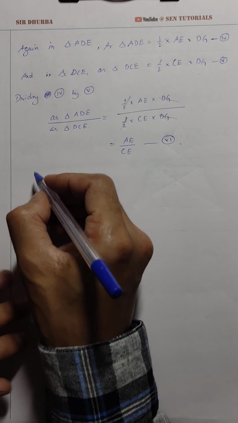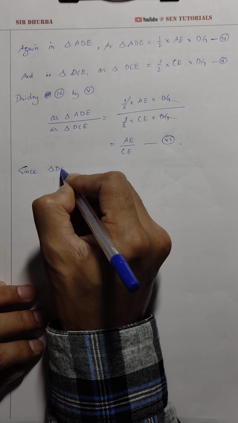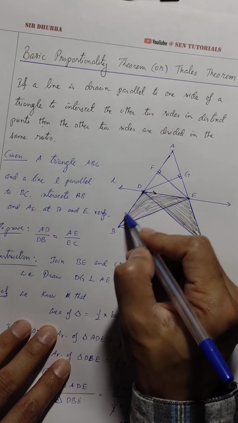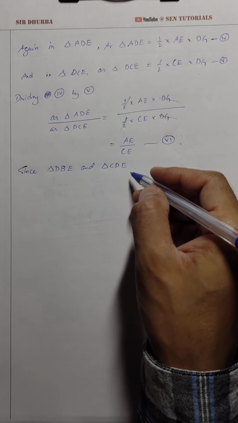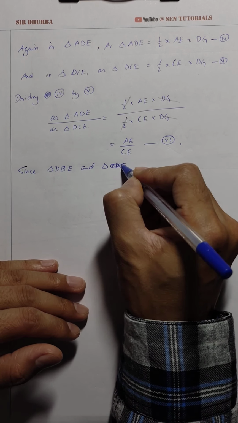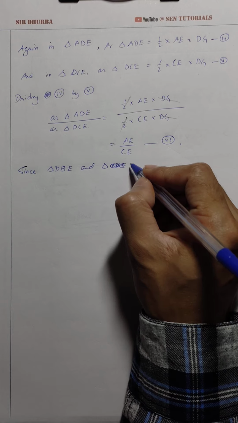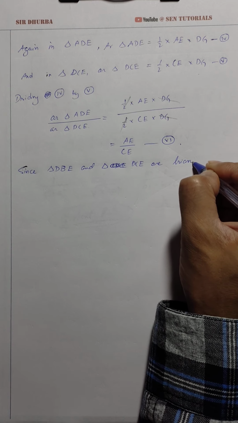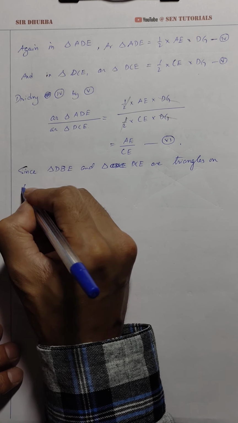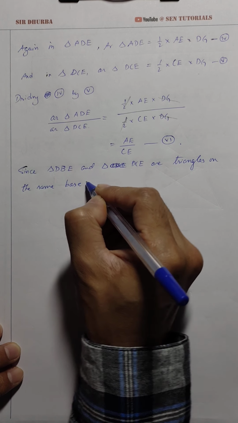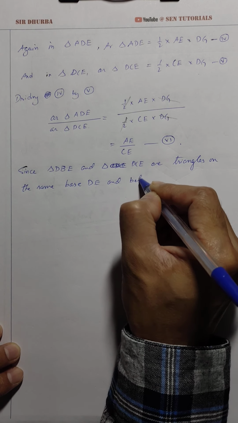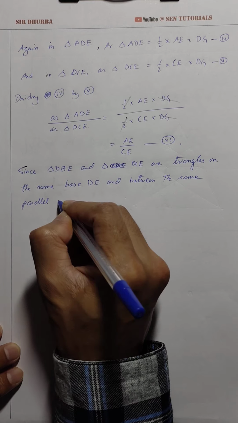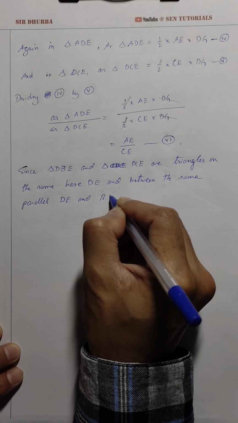So we can just write, no problem, since triangle DBE and triangle DCE, I'll just write so that there are no confusions, are triangles on the same base DE and between the same parallel lines DE and BC.